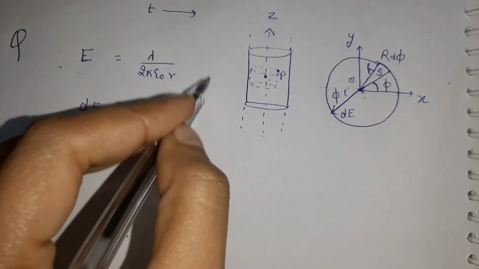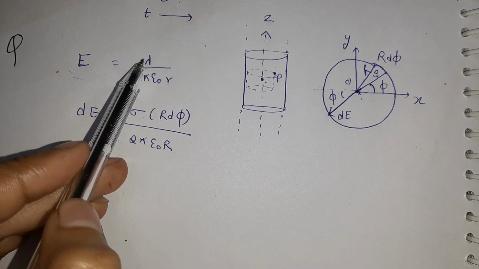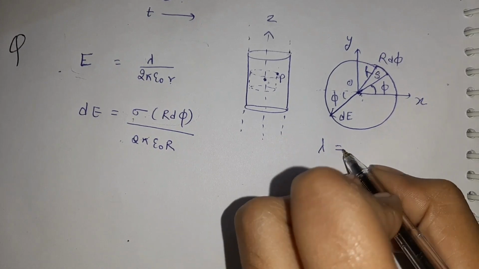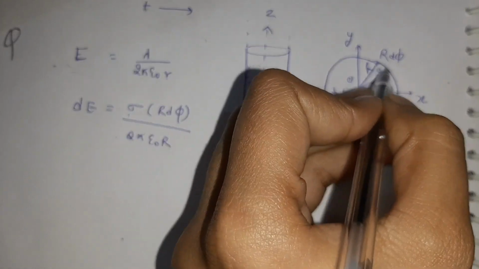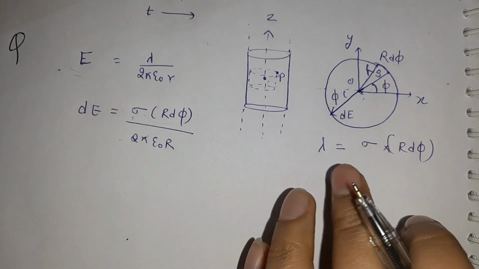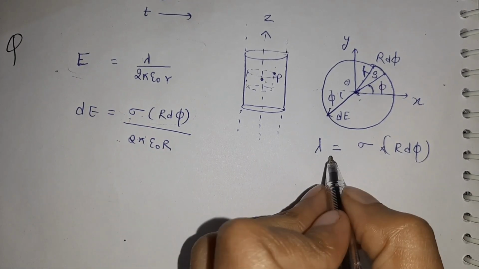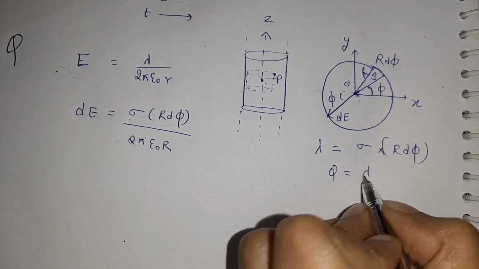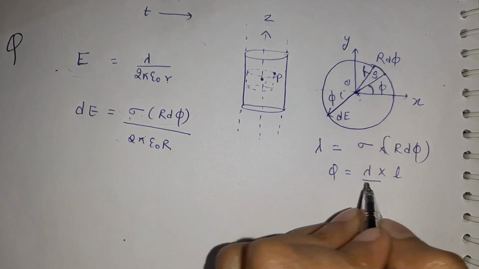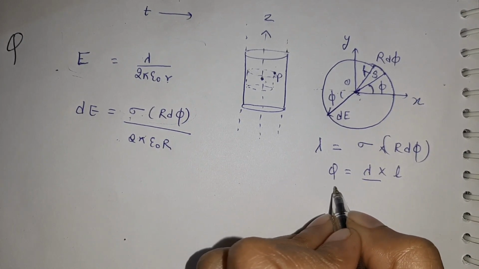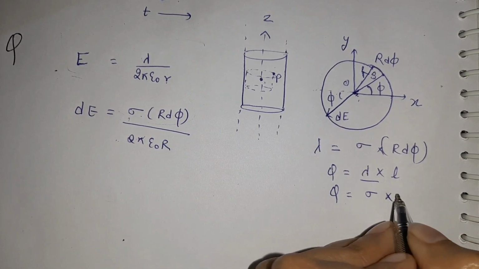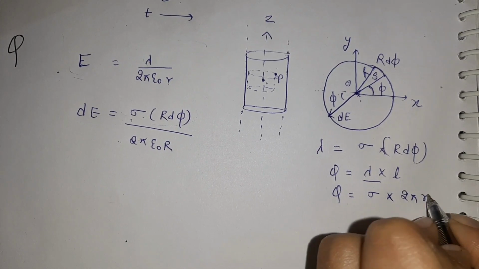This is taken from this expression, where lambda can be related to the surface charge density. The linear charge density lambda will be equal to the surface charge density times the length of this arc, that is r d phi. It can be easily derived, it is not that hard. The charge enclosed will be lambda, the linear density, multiplied by the length of the cylinder, and it is also sigma multiplied by 2 pi r l.